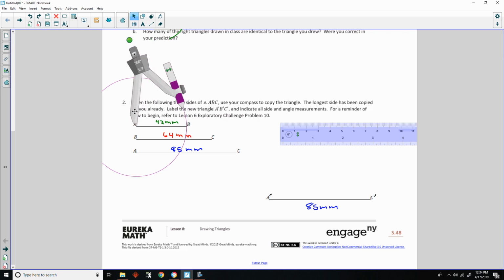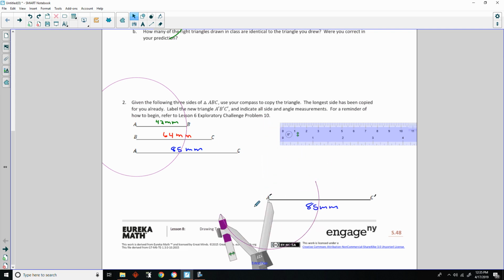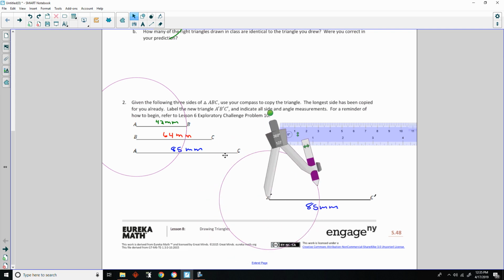Okay, so then if I move my compass over to A and I drew a circle, very difficult electronically, and drew a circle here, that circle is identical to this circle over here with a radius of AB.